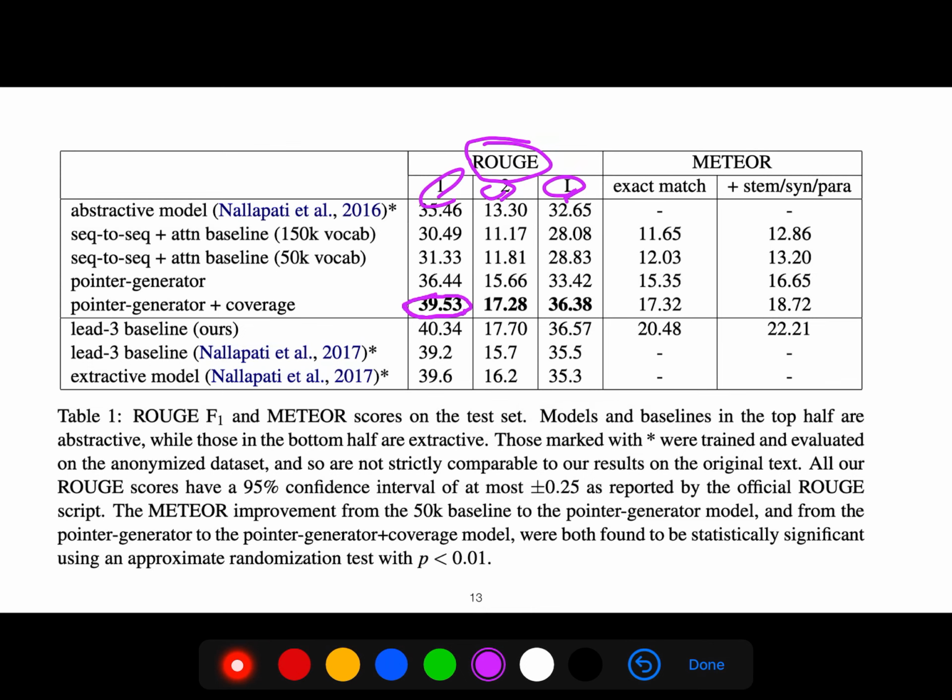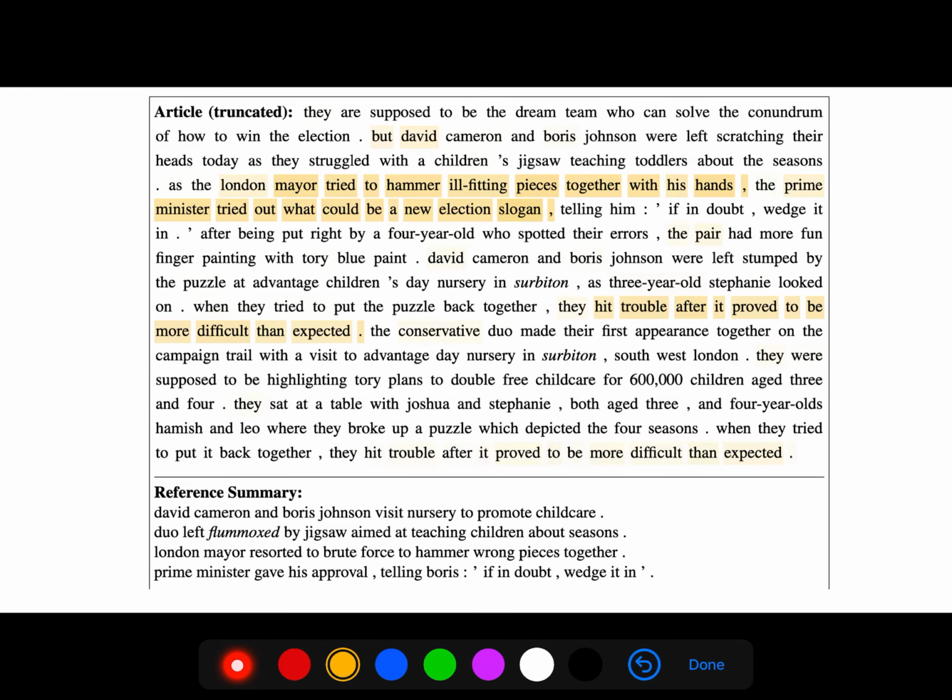You see, 39 and 17 is bigger than 15 that you get with pointer generator, and it is even better than this baseline, which was very bad, around 11. And also everything has been improved. 28 has been improved to 36. And so this is the article that they gave you, and this is the reference, and they say, can you predict this reference summary?